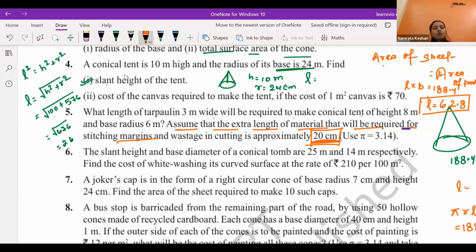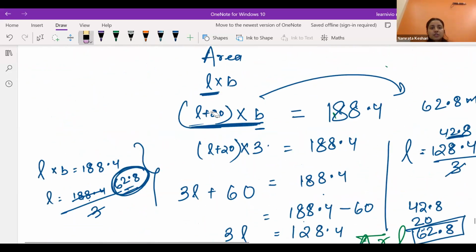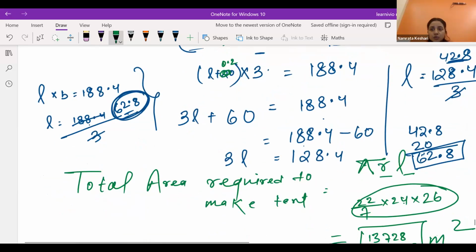Please don't follow the method where we have just added this 20. You must take this 20 in meter, that will be 0.2. If you do this way, then also you will get the answer.